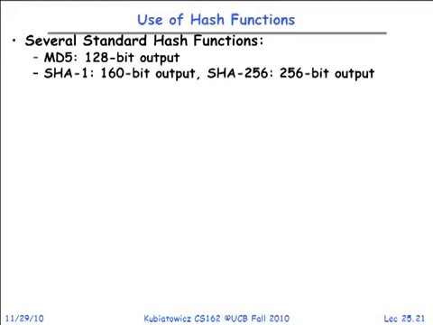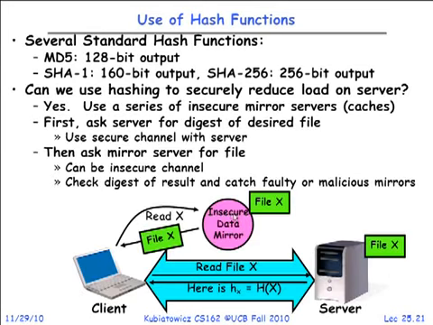The client says, I want to read file X. The server doesn't give back file X. It says, here's the hash. Now the client says to the insecure server, give me the data, and the data mirror comes back and says, here's the data. I can know that I got the right data because I try the hash on the file I got back from the insecure server, and if it matches the hash I got from the server, then I know that it's the same file.